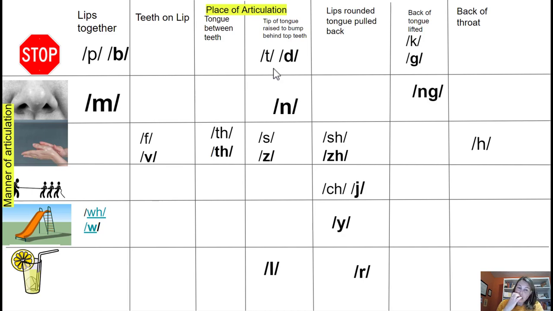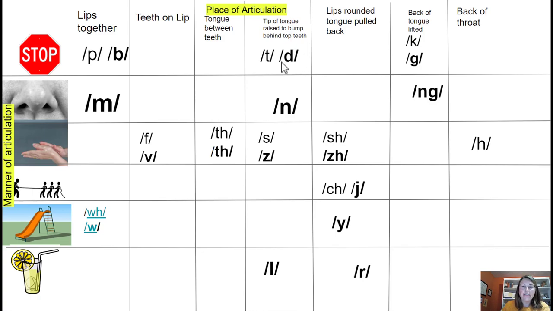All right, so it's hard for this to be picked up, so I'm going to try really hard. So my jaw didn't drop. Now I'm going to feel my throat. So all of you feel your throats and help me say this T sound. I can't feel anything in my throat. This is an unvoiced sound.